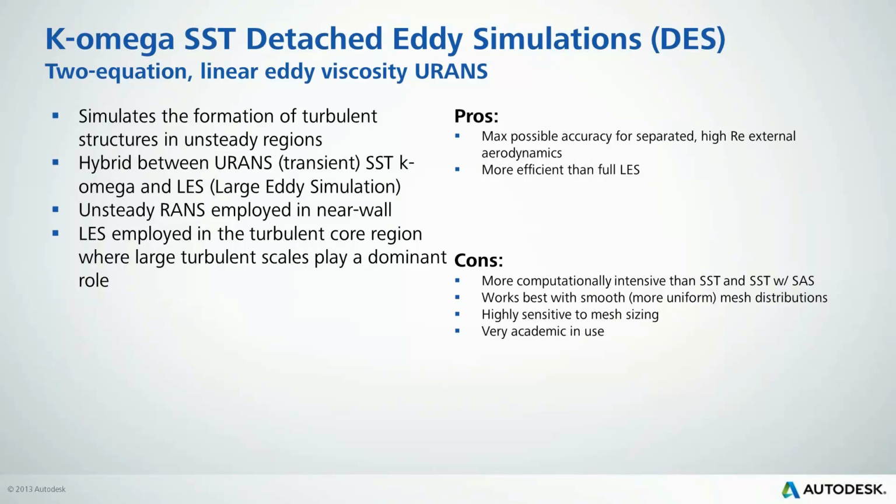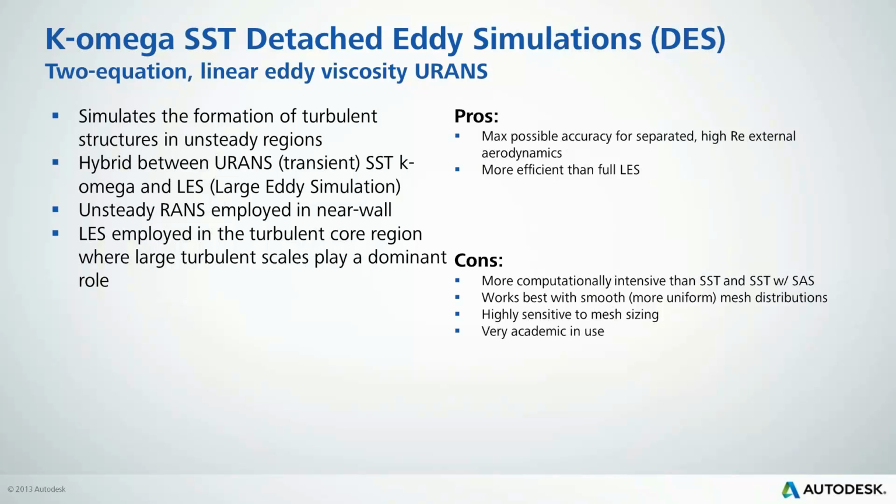Now, a lot of people will talk about using a large eddy simulation for their work, but this is going to be more efficient because it's going to solve LES where it needs to and a more efficient model where it doesn't. In terms of cons, this is going to be much more intensive in terms of solver time when you compare SST as well as, in our next slide, the SAS modeling approach.